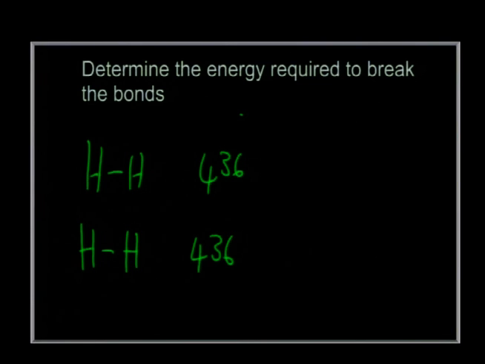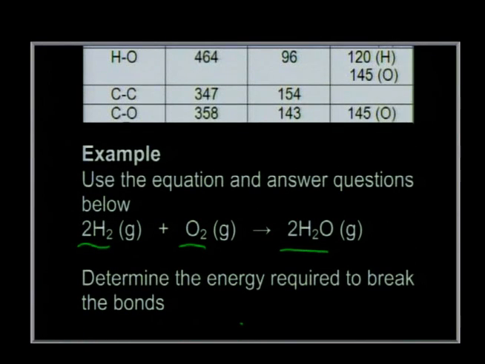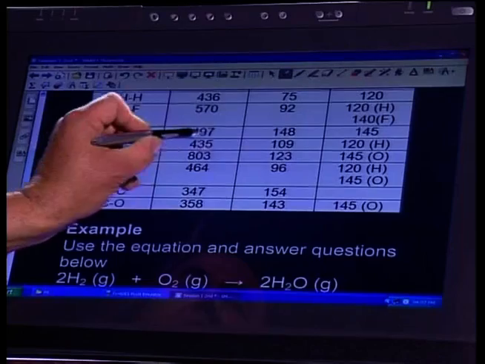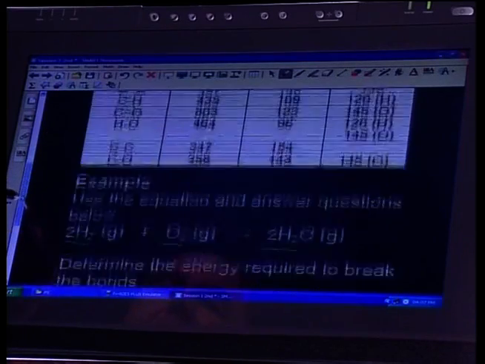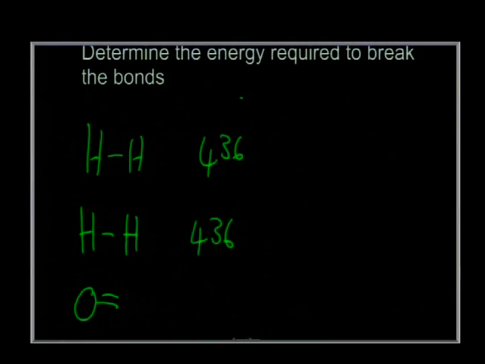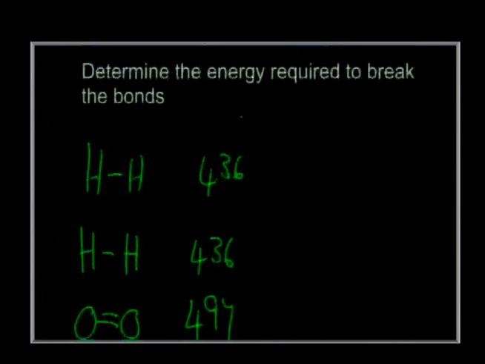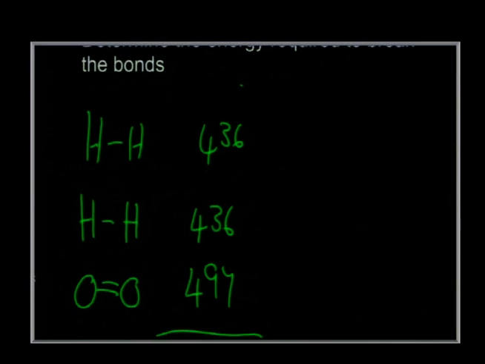I'm going to add those up because I've got 2 of those. Then what about the oxygen? Oxygen to oxygen is over here, 497. I've only got 1 of them, so I'm going to put oxygen, double bonded oxygen, 497. And so to calculate the energy that I'm going to need to use to break all of those bonds, I'm simply going to add those up.